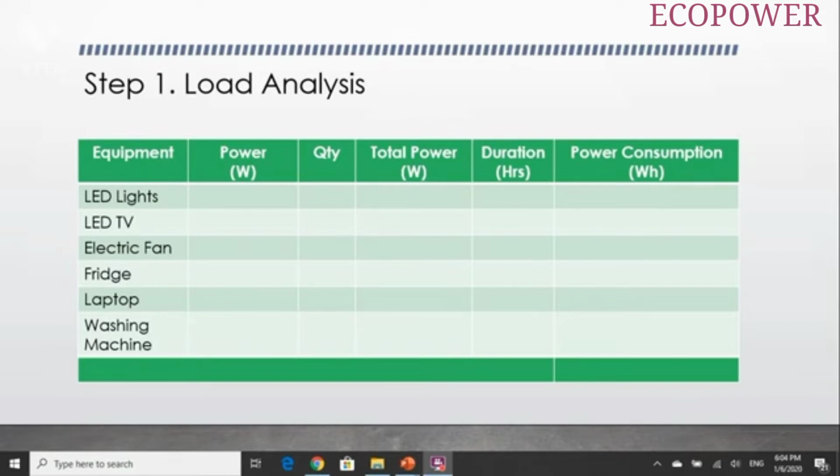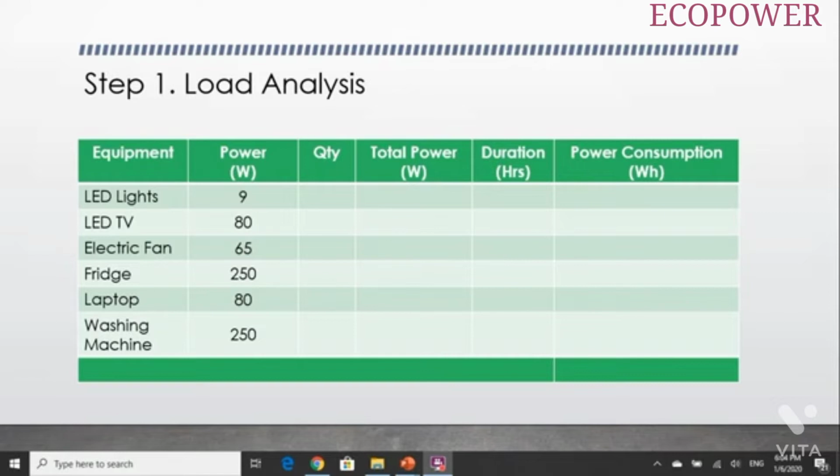After you have listed down the equipment, the next step is to list down their individual power consumption. You can find this information on the packaging or on the label at the back of your equipment.